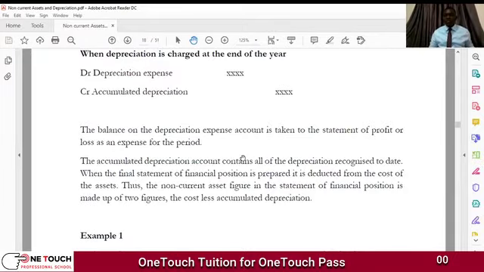The accumulated depreciation account contains all of the depreciation recognized to date. When the statement of financial position is prepared, it is deducted from the cost of the assets. Thus, the non-current asset figure in the statement of financial position is made up of two figures: the cost less accumulated depreciation.